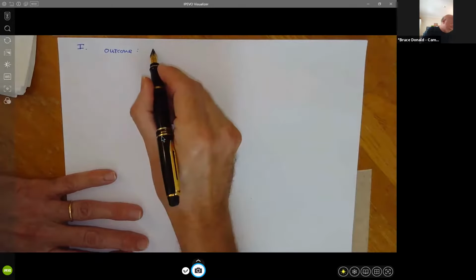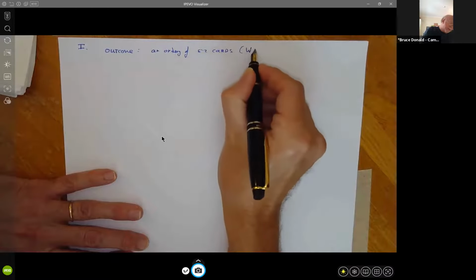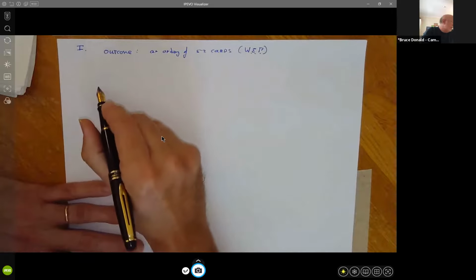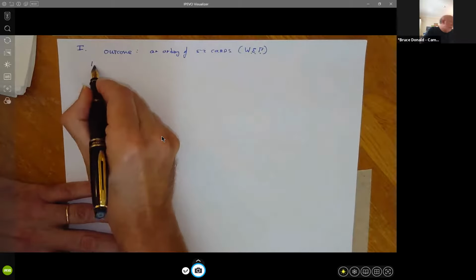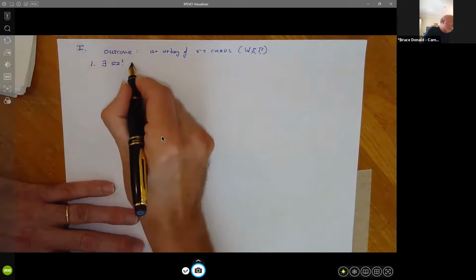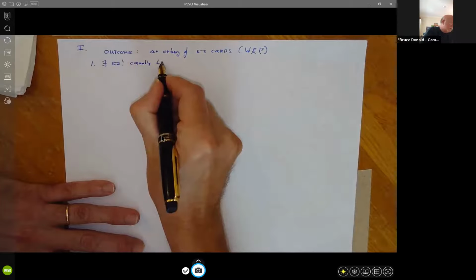So an outcome is an ordering of the 52 cards, and these occur with equal probability, WEP. Okay, new terminology. Given that there are 52 factorial equally likely outcomes.